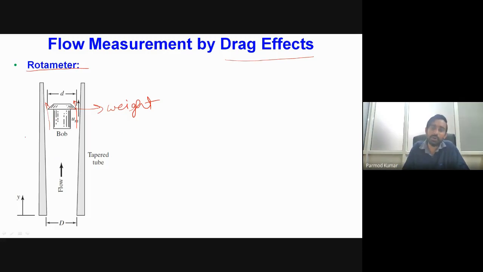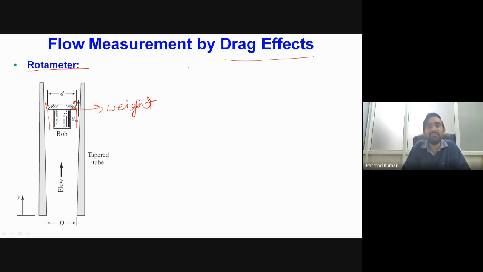Over here we will have some drag force acting over this surface, and that drag force will try to move it in the upward direction. At the same point of time, because this volume of the floating object is also displacing a certain amount of fluid, we will have some buoyancy force also in the upward direction.